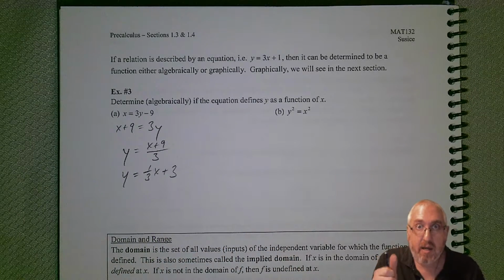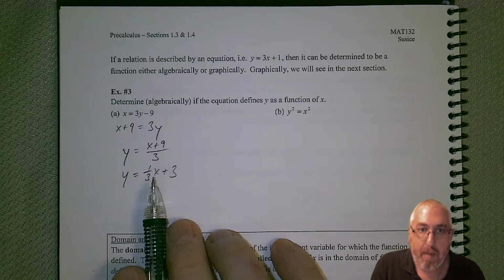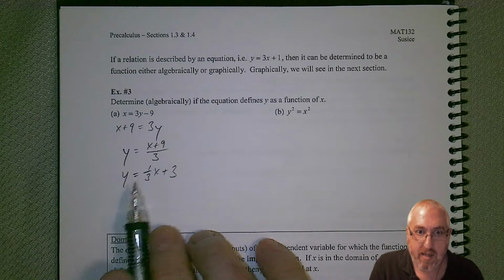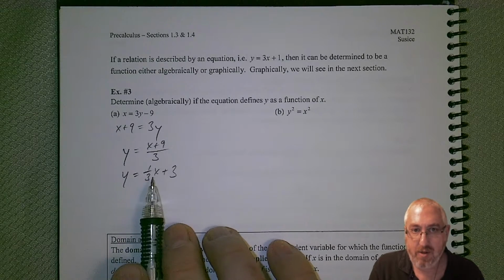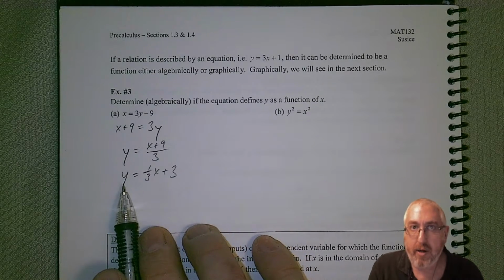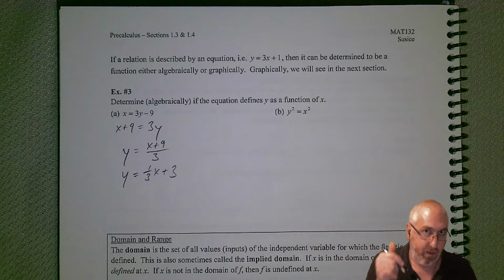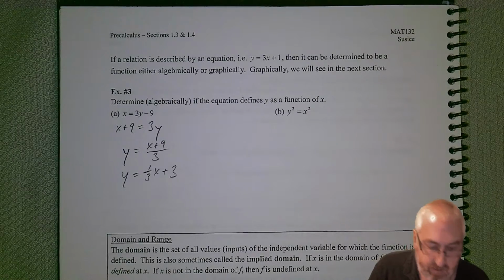But the last condition is the most important one. Is x being matched to more than one value of y? Is x being promiscuous? And the answer is no. There's only one value of y you're going to get for every one value of x. That's really the critical condition when you're looking at functions, y as a function of x.